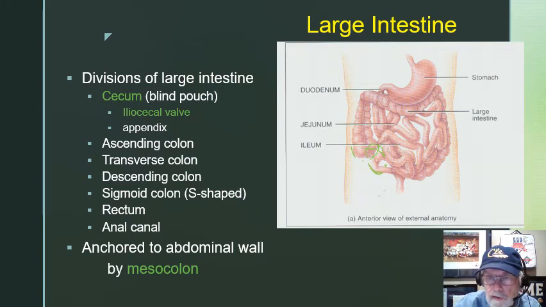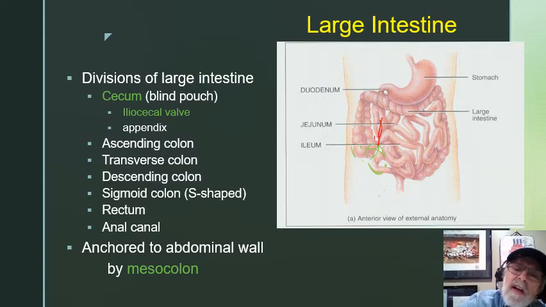Actually, if they go in with a colonoscopy, you get to see the hole for where the appendix is. Things that don't get digested, like seeds, husks, nuts, and stuff like that, get jammed down inside that hole and cause an inflammation, and that's what causes appendicitis, because then the bacteria go crazy. Once I leave the cecum, you can actually see right here the ileocecal valve coming right down here, okay?